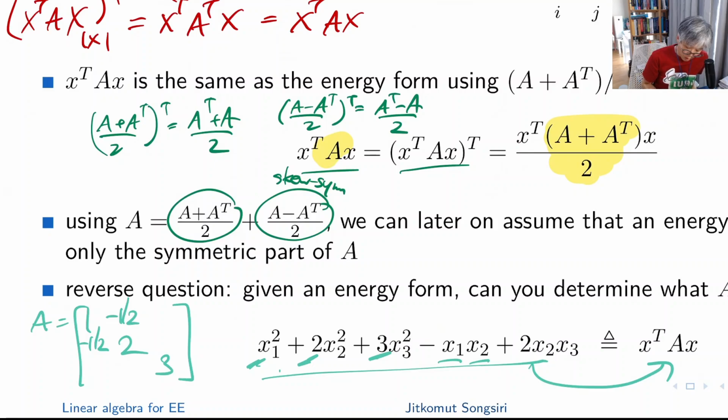One coefficient multiplies x1 and x2 one time, and for another time, it's here: negative 1/2 multiplies x2 and x1. So that's why you read this coefficient and split it in half.